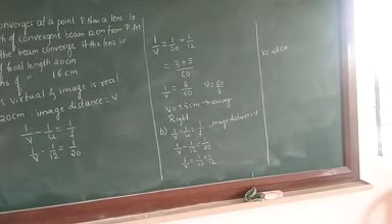Here the image is formed 48 centimeter away from the lens, and it is also towards the right side. Therefore, the first one gives 7.5 centimeter, away from the lens and at the right side. Second, we get v is equal to 48 centimeter, also away from the lens and towards the right.